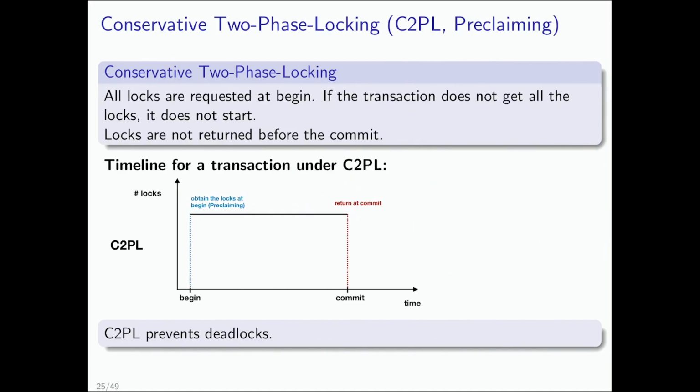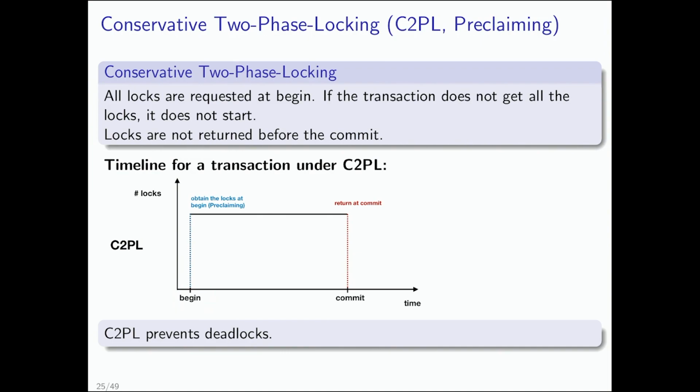One thing to do would be to make strict two-phase locking even stricter, and that's then called conservative two-phase locking. The idea is that you don't have a growth phase anymore. When the transaction begins processing, you say, you must tell me in advance which locks you want to have.